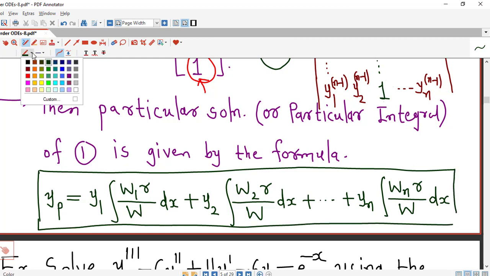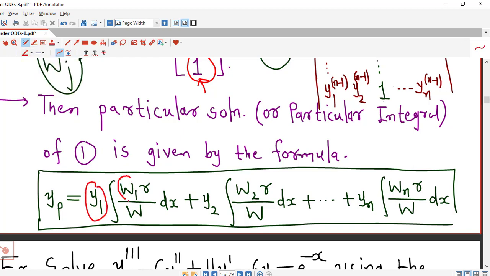So we remember it in this way: y1 times w1 over w into r. Now this r and w remain as they are in each term, and if we are considering y1 here, we will consider w1 here. If there is y2 here, we will consider w2 here.